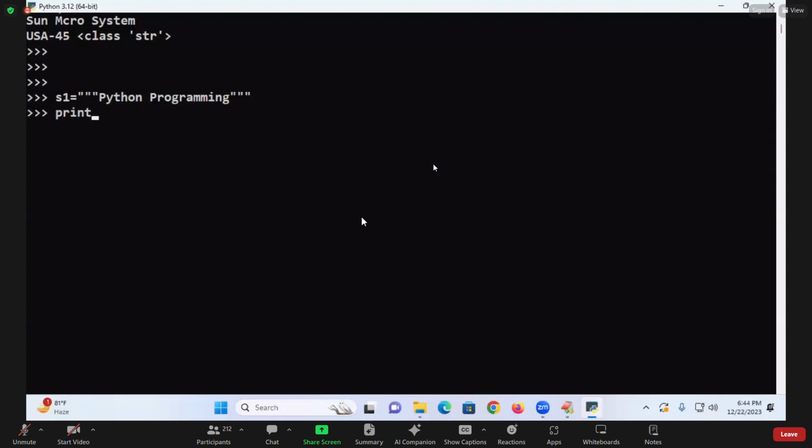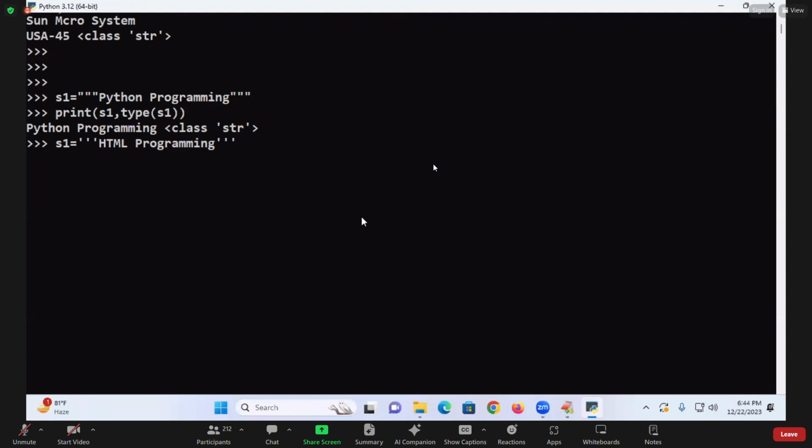Print of s1 comma type of s1. s2 is equal to, single quote, single quote, single quote, HTML programming, I can write it. When you write one double quote and one single quote like that, it is a problem. You will get an error. So take care, students.